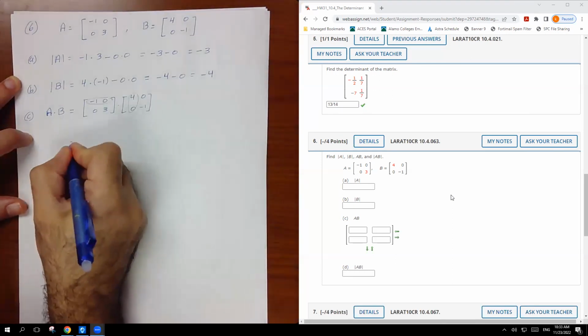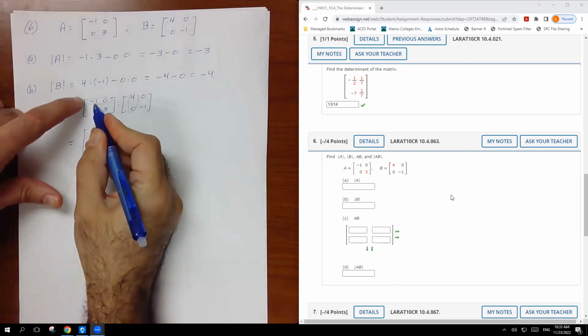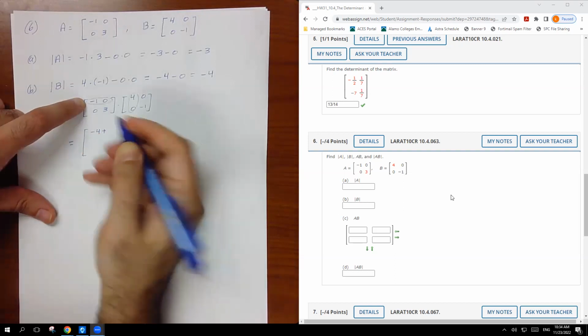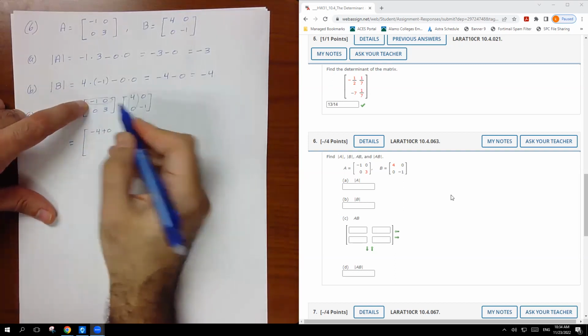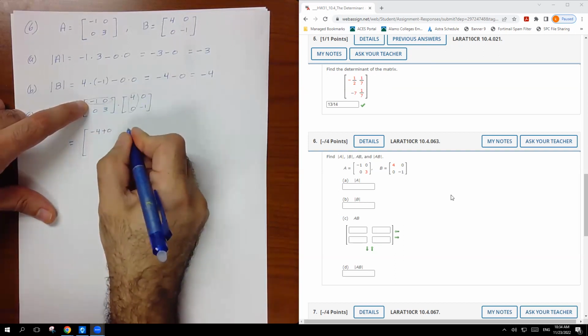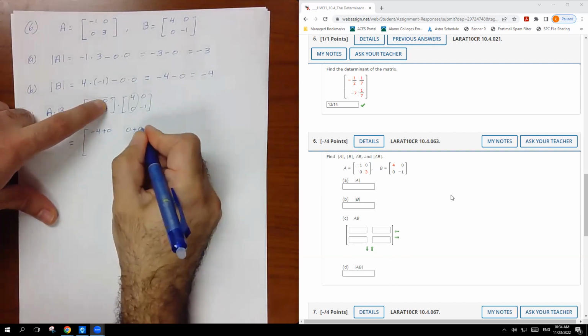The result is going to be -1 times 4 is going to be -4 plus 0 times 0. And the first row times the second column. So -1 times 0 is going to be 0 plus 0 times -1 is going to be 0.